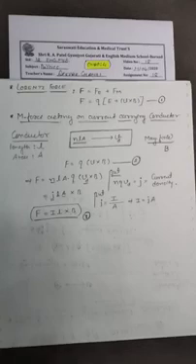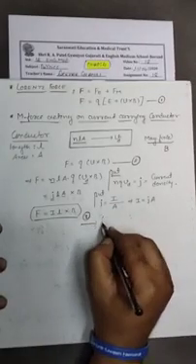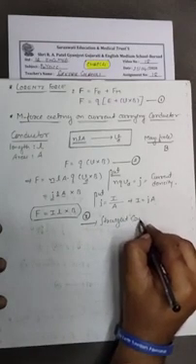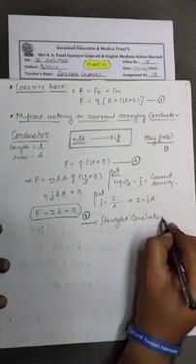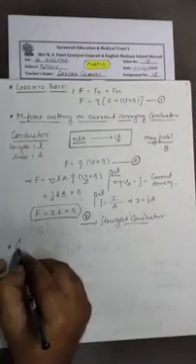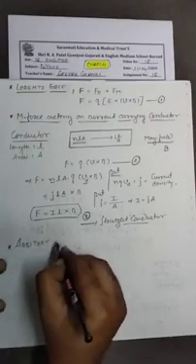Equation number 3 is used for a straight conductor. But if the conductor is of arbitrary shape, which means it is not straight and has a random shape, then you have to take the algebraic sum.